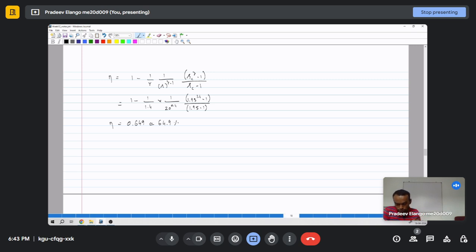So we can also do the other way where we write efficiency as a function of CV and then use the new CV value.